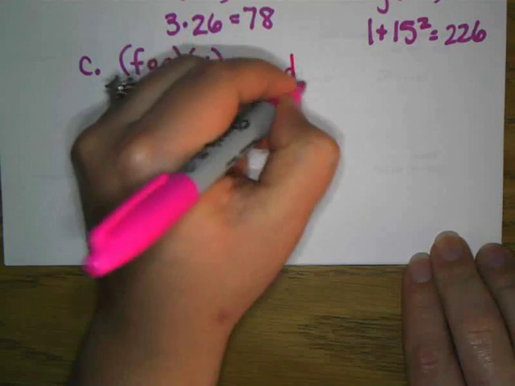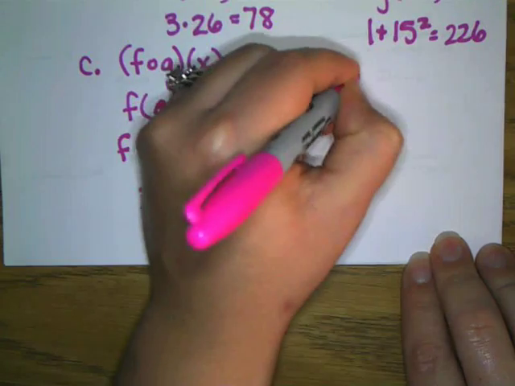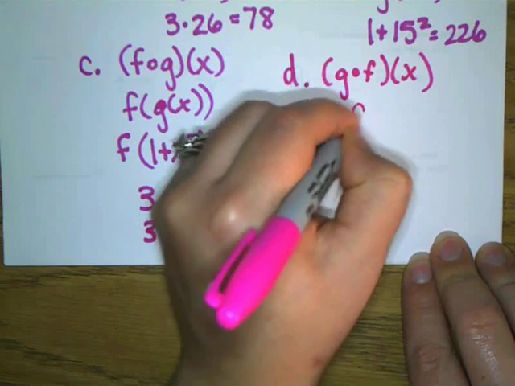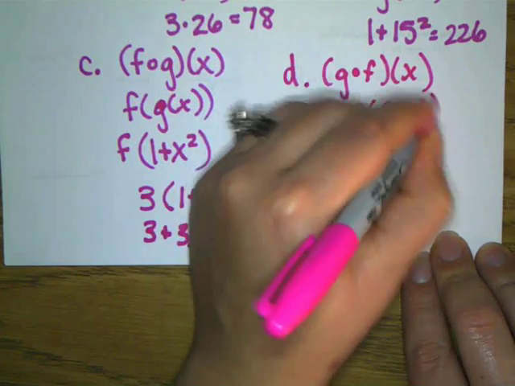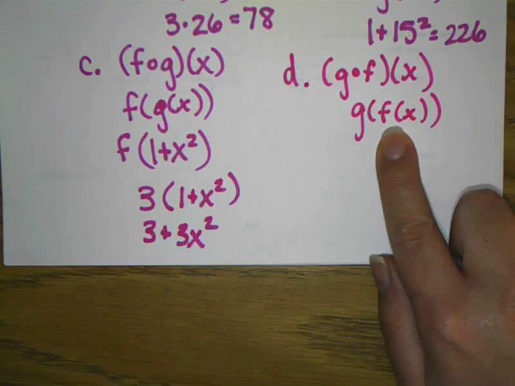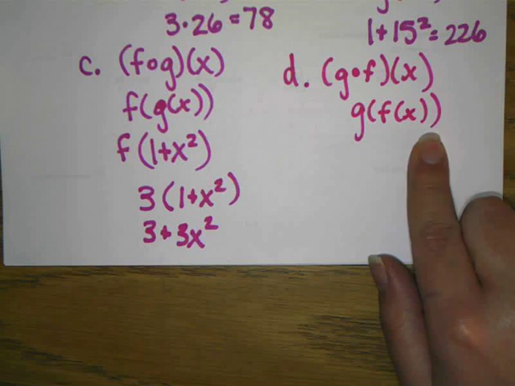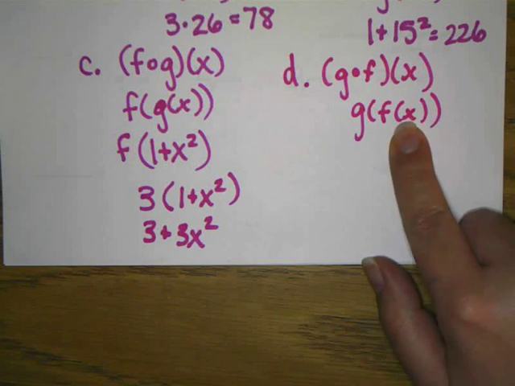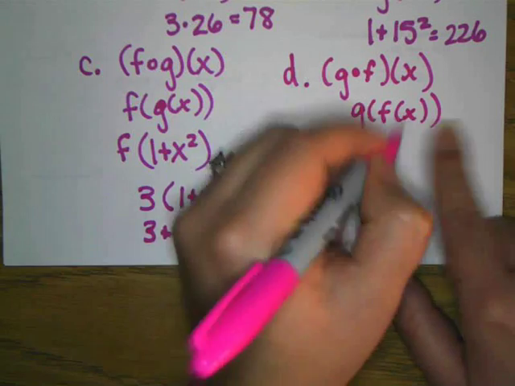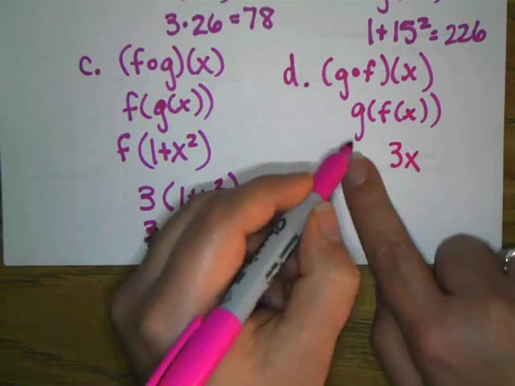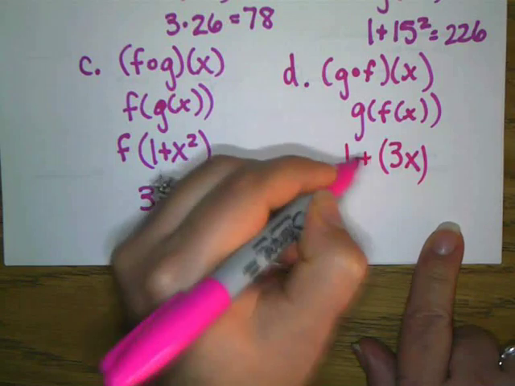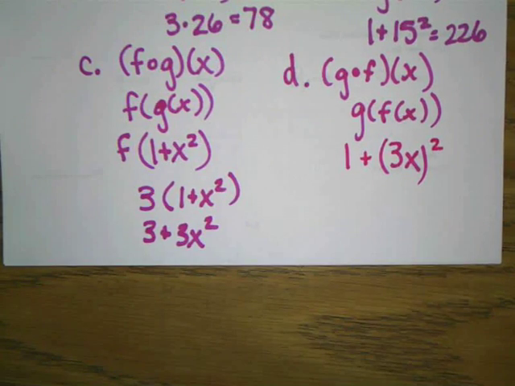Okay? Let's go the other direction. G of f of x. And this is how I always automatically write it. I prefer this over the other because it tells me what to start with. So I start on the inside with f of x, which is 3x, and then I put that in place of x for g, which was 1 plus x squared.